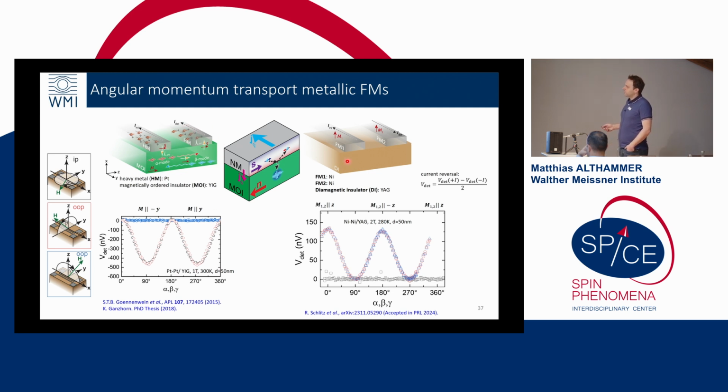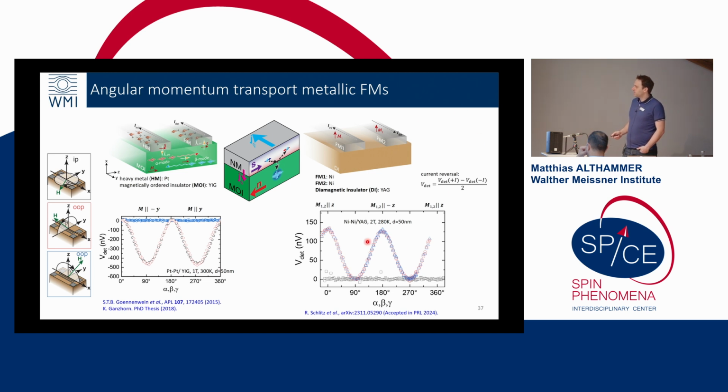We wanted to see if you can also do that just with a ferromagnetic metal and using just a diamagnetic insulator, in this case an yttrium aluminum garnet substrate, and see if you can measure some signals if you drive a charge current over there and measure voltage over here.